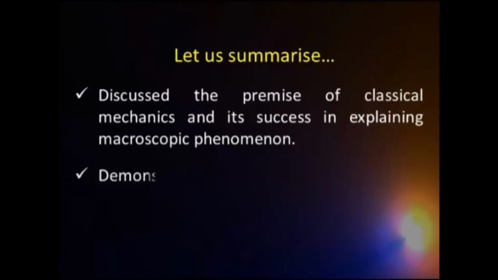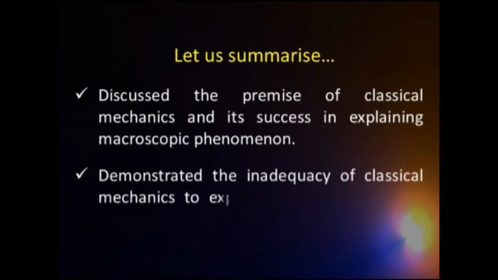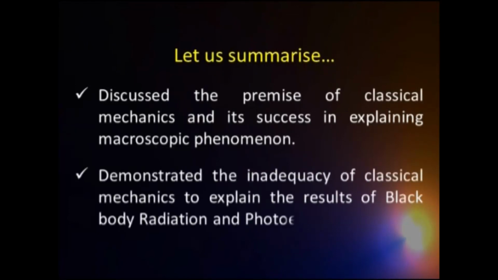On the basis of these two experiments, we have been able to see that the experimental observations and the theoretical predictions from classical mechanics do not match. That means classical mechanics happens to be inadequate in explaining the results of these experiments.